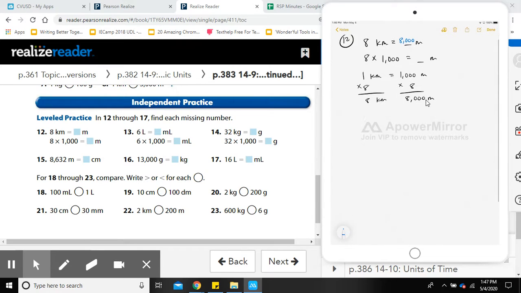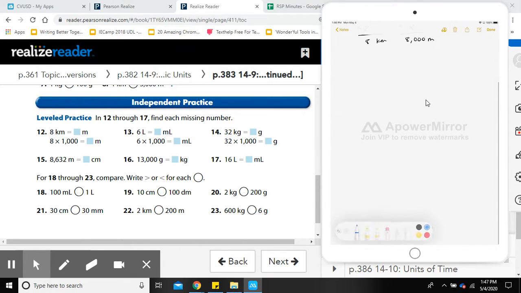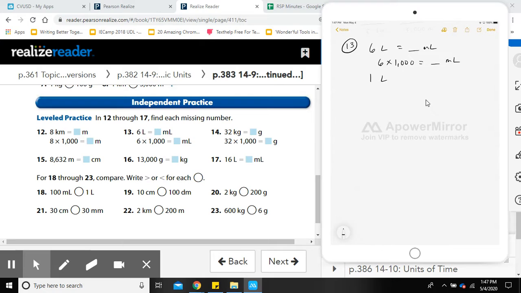Okay, let's go on to number 13. 13 is showing 6 liters is equal to how many milliliters? Once again, they're showing us 6 times 1,000 is equal to how many milliliters. They're doing that because 1 liter is equal to 1,000 milliliters.